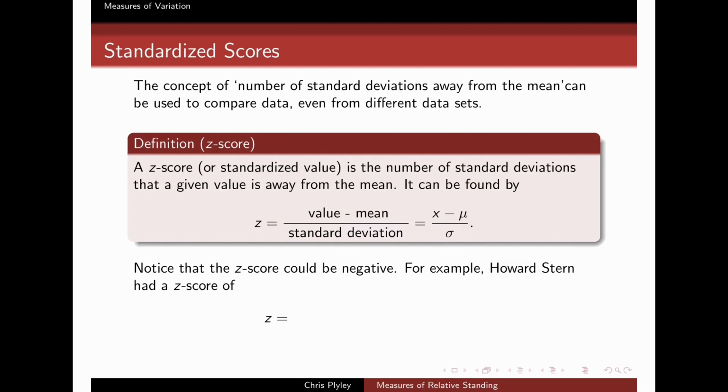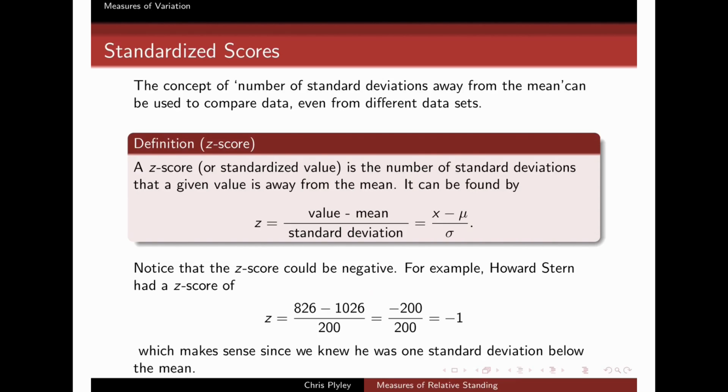For example, we saw that Howard Stern had an SAT score of 826, and if you remember, the mean SAT score was 1026. If I find his z-score, how many standard deviations below average was Howard? The standard deviation was 200, and we said he's exactly 1 standard deviation below average. So the z-score should be what? Well, 826 minus 1026 is minus 200.